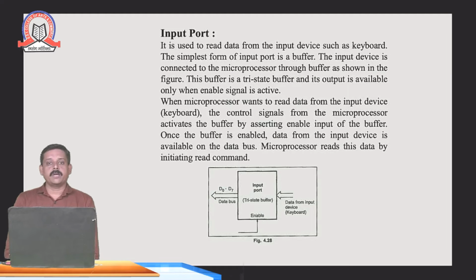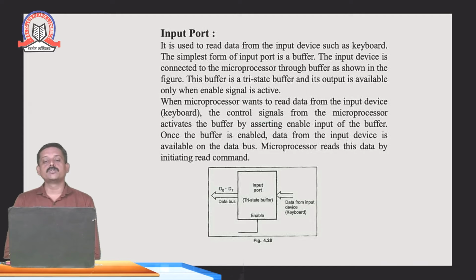So what is meant by input port? As you can see in the figure, in the microprocessor architecture, the data bus lines D0 to D7 have an input from the input port, and the data from input devices is transferred to the input port, and further transferred to the particular registers.